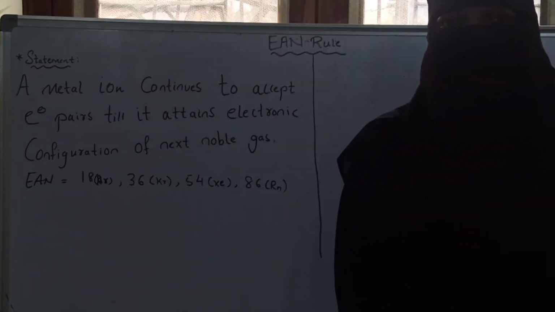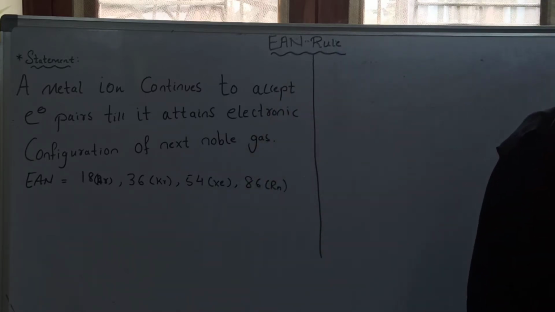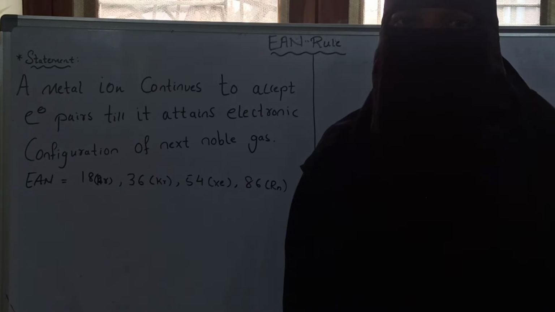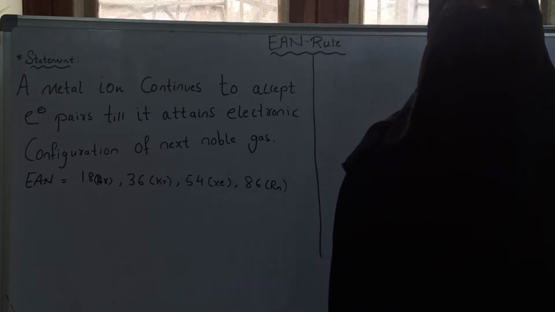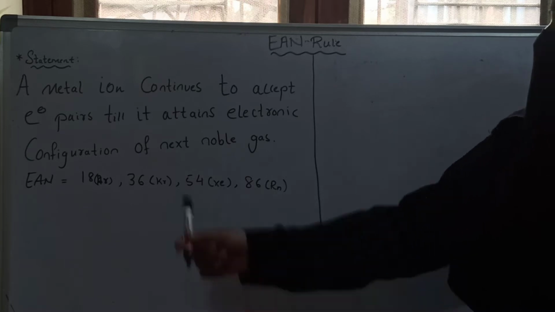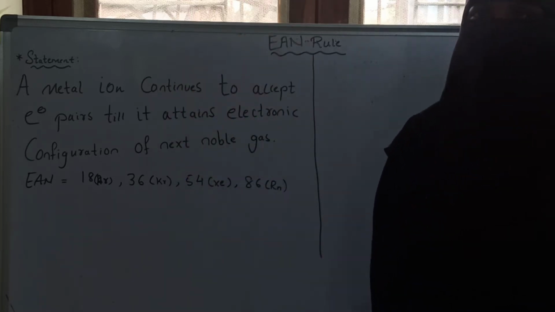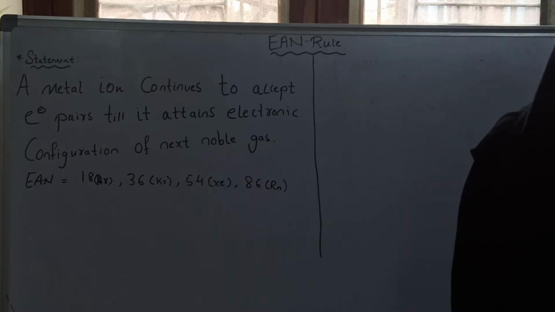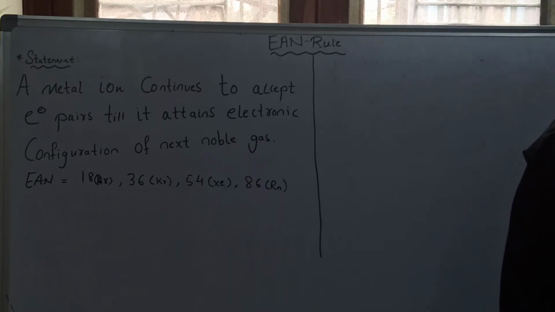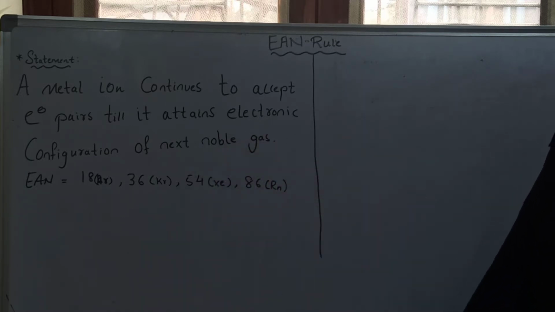Our today's topic is the EAN rule, or effective atomic number rule. The effective atomic number rule is used to explain the stability of coordination compounds, and it states that a metal ion continues to accept electron pairs till it attains the electronic configuration of a noble gas or the next noble gas.